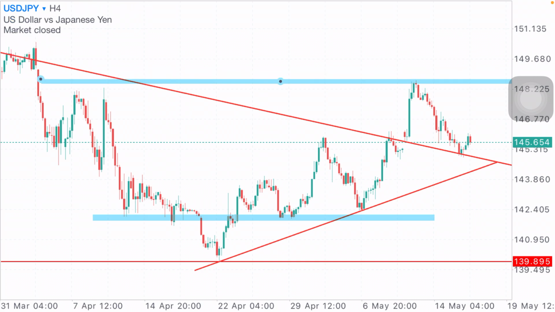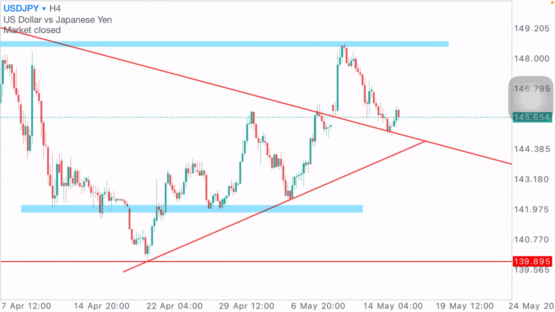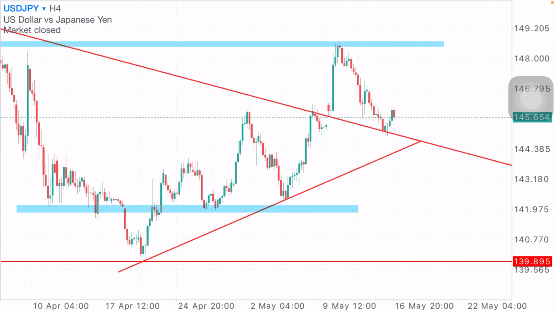Like gents, analyzing with price action is not hard. As long as you know your support and resistance key areas, you will always have a great setup.